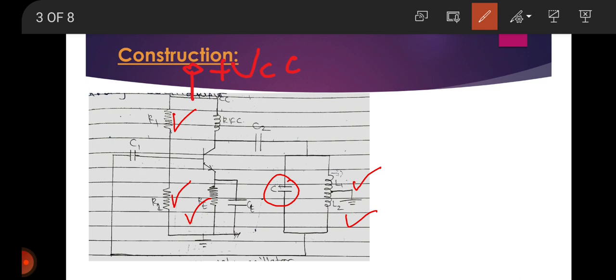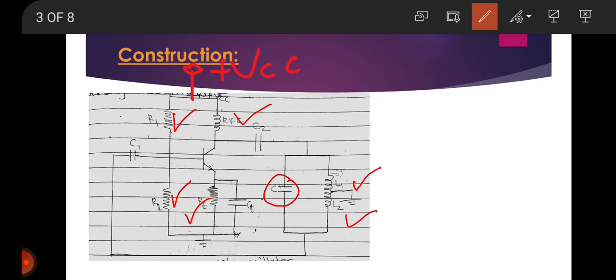The capacitor CE provides AC ground. The radio frequency coil provides DC load for the collector and also keeps AC currents out of the DC supply VCC.